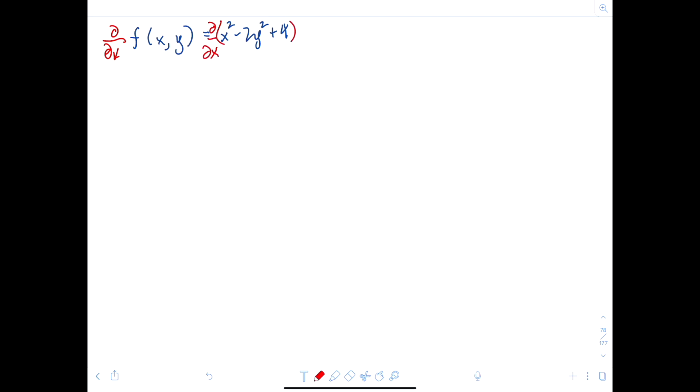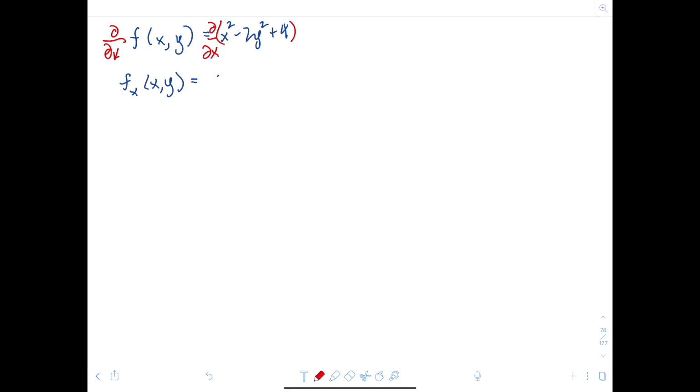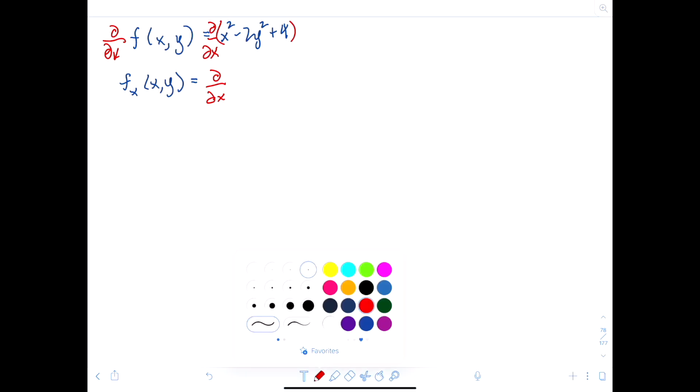And basically that tells you you're looking for your first partial with respect to x so that you don't differentiate a variable other than x implicitly.